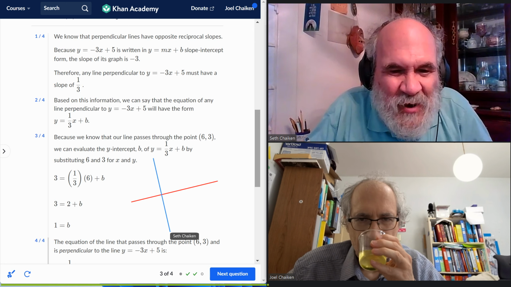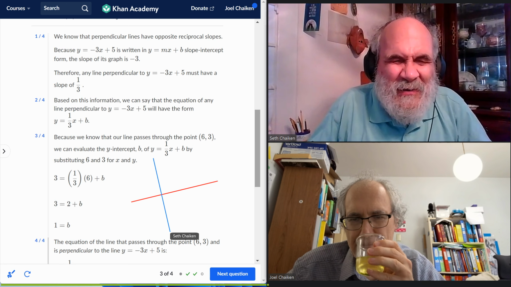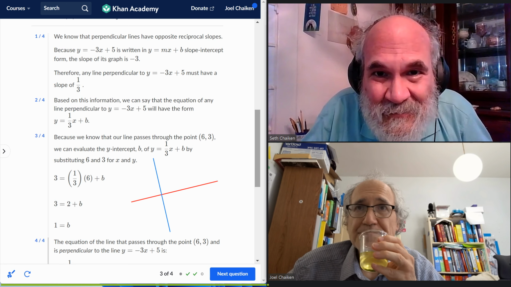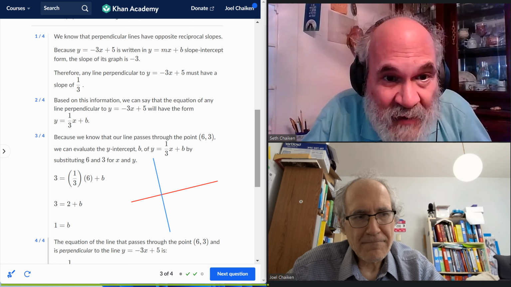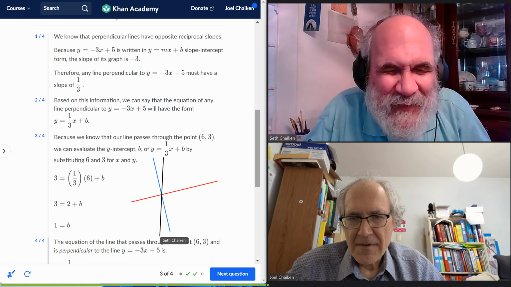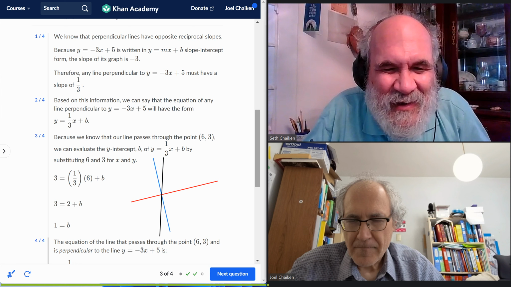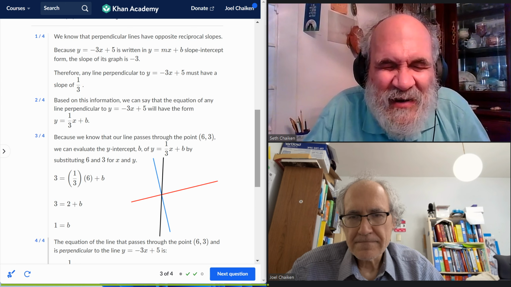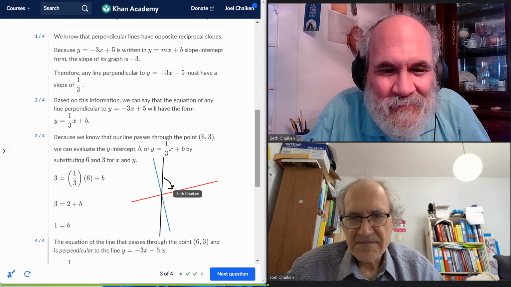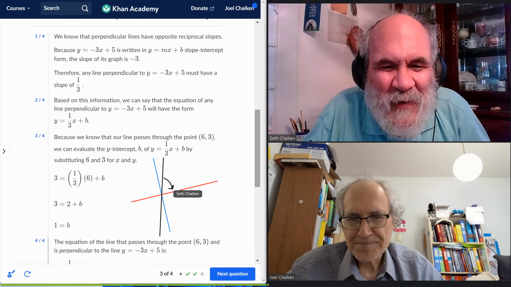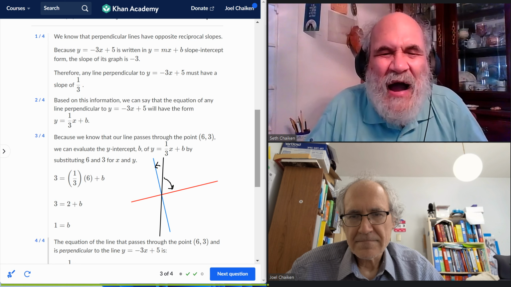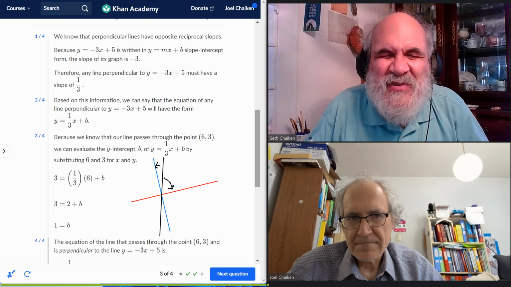Nice perpendicular. Now, first of all, what I do is imagine a vertical here, and I know that the red line is on one side of the vertical, and the blue line is on the other side. Therefore, the slopes have opposite signs.